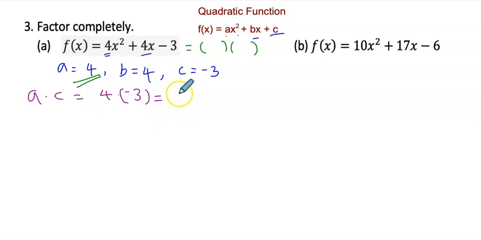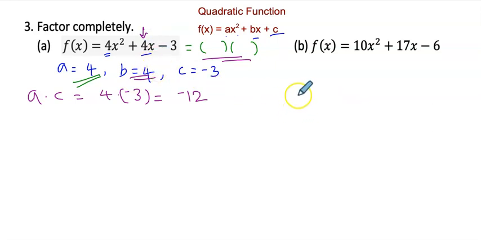So 4 times negative 3 is negative 12. So this is the product of two numbers that I'm going to find in order to get the factors, right? So my product is negative 12 and the sum is the same as the coefficient of x, 4.